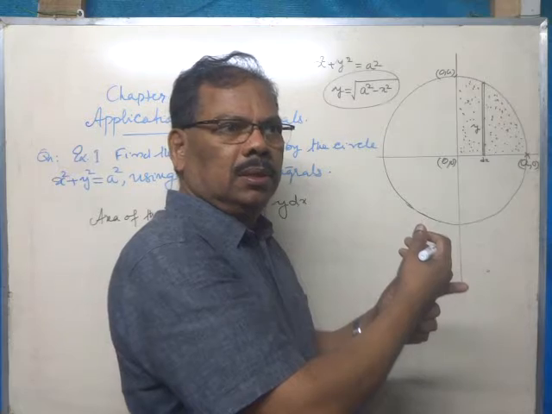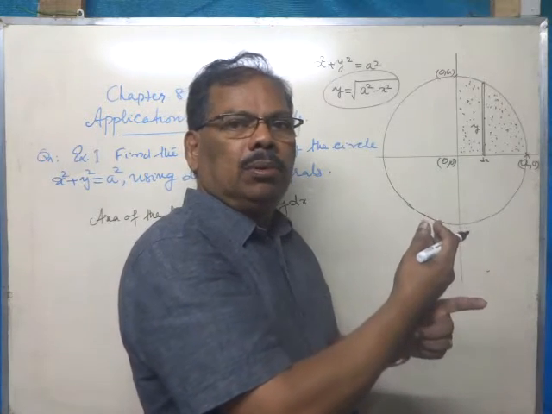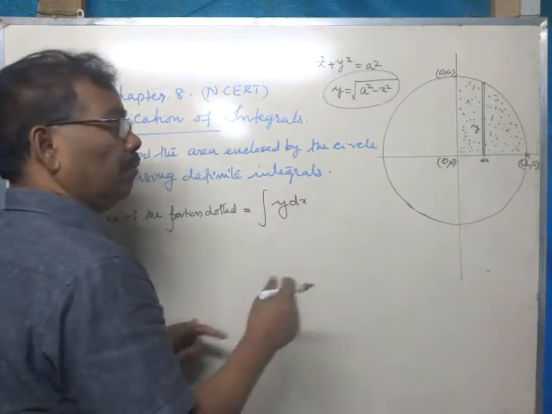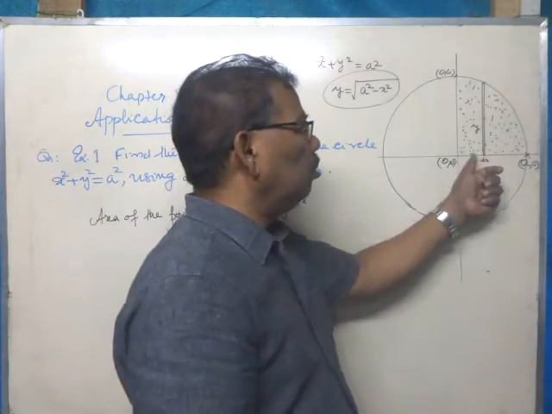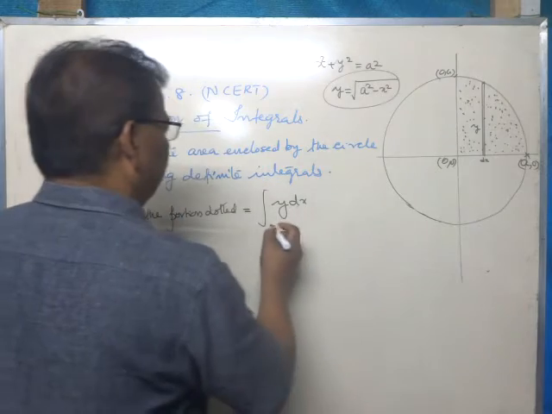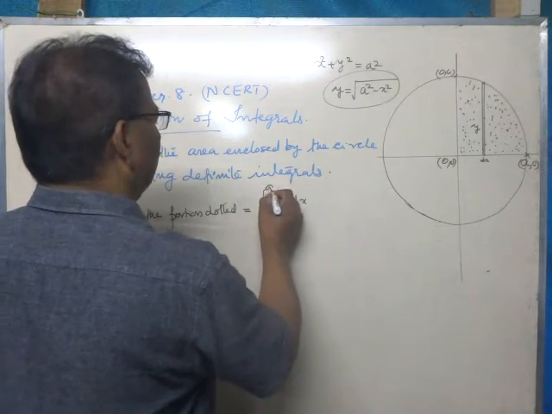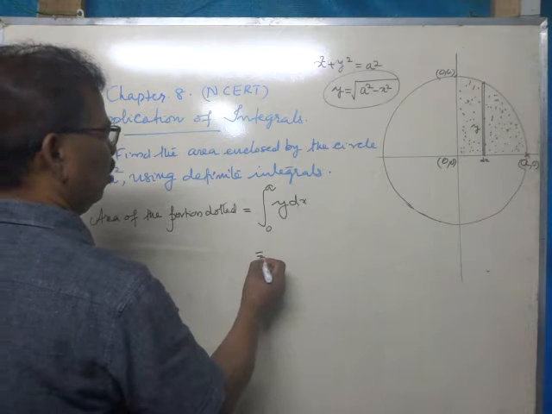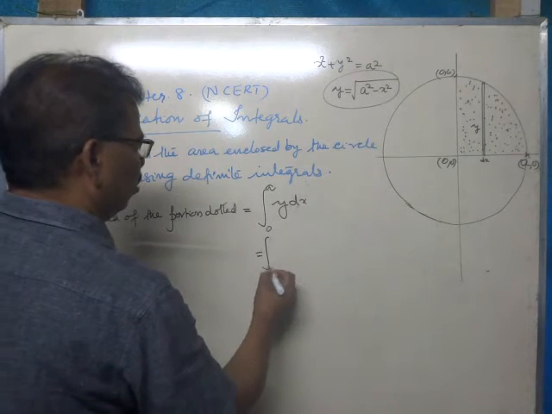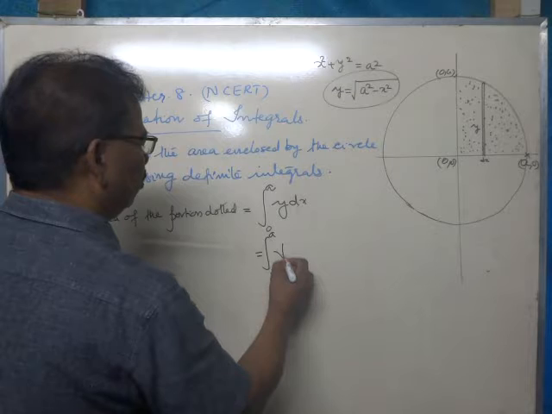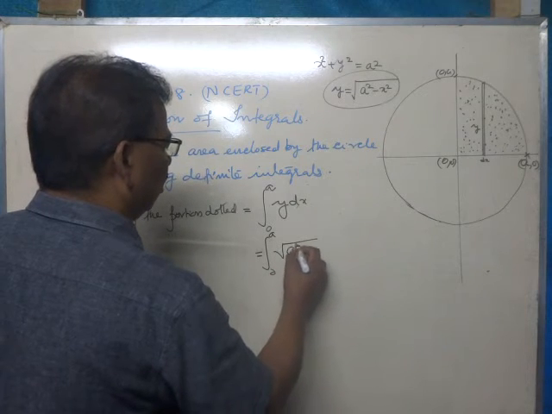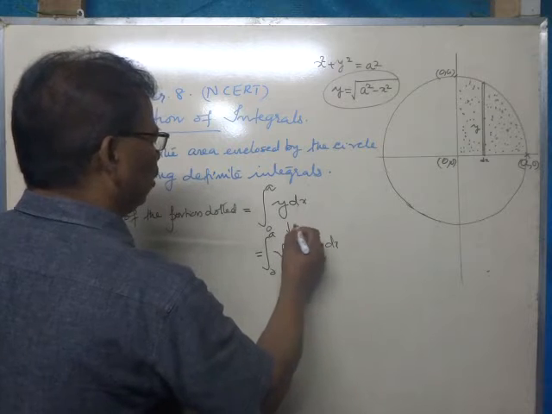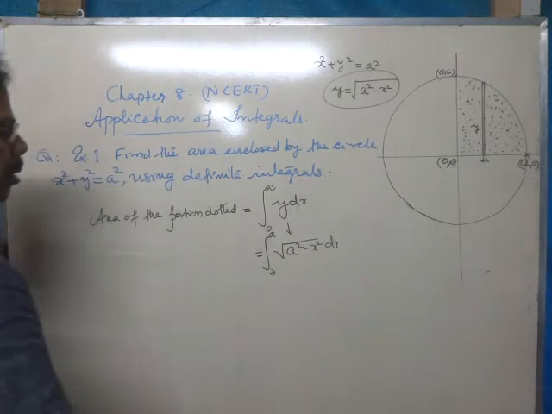That means we need to consider the integral y dx. From where to where? From 0 to a. Integral 0 to a y dx is equal to integral 0 to a square root of a square minus x square dx, because y is equal to square root of a square minus x square.